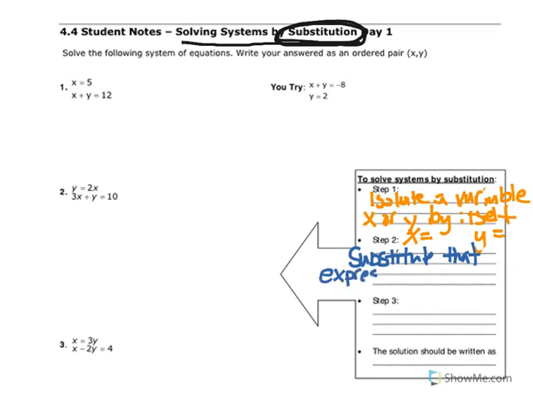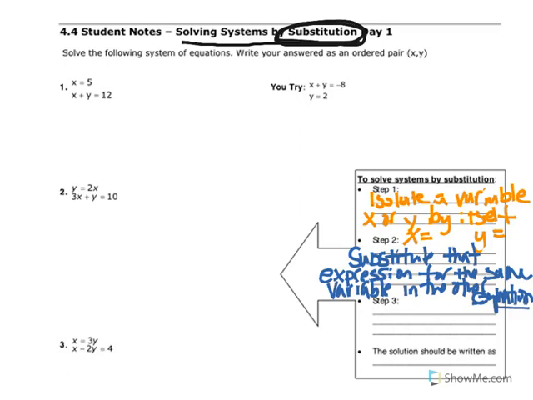Substitute that expression for the same variable in the other equation.